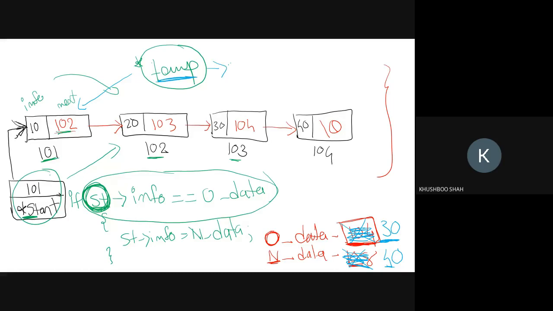Every time I will check my temp info. If my temp info is equal to my old data, in that case I'll update it with the 40. But what if my temp info is not equal to my old data?